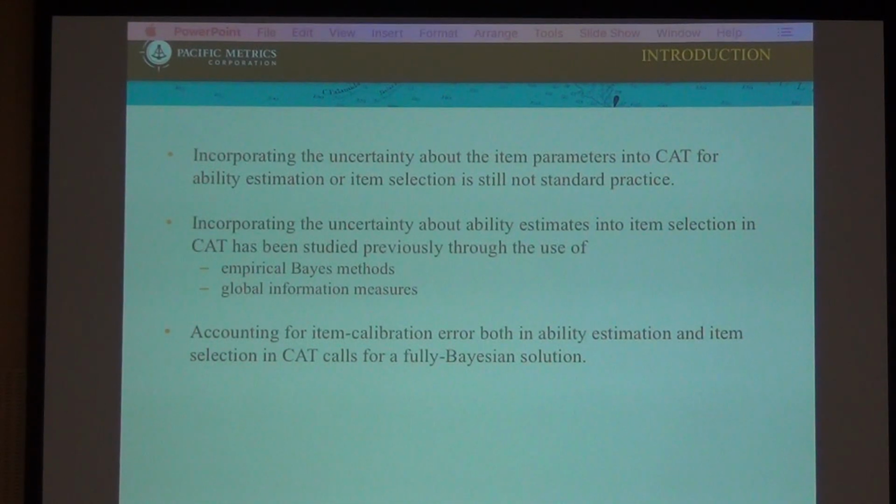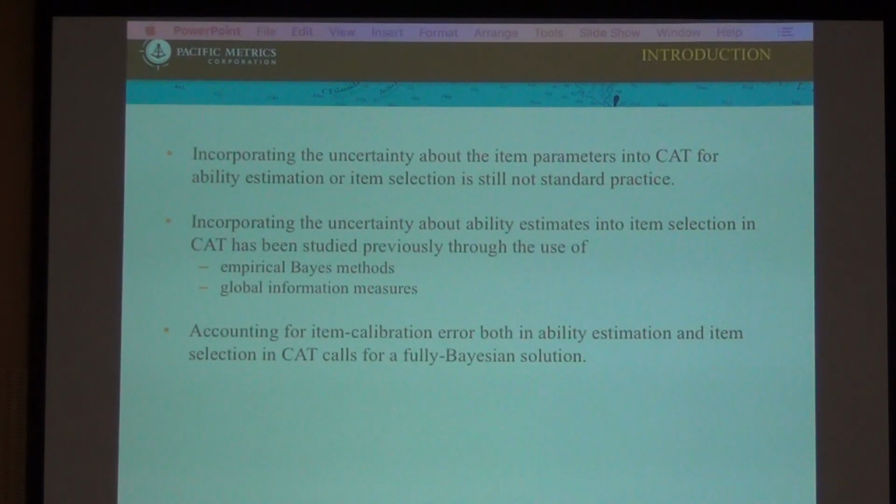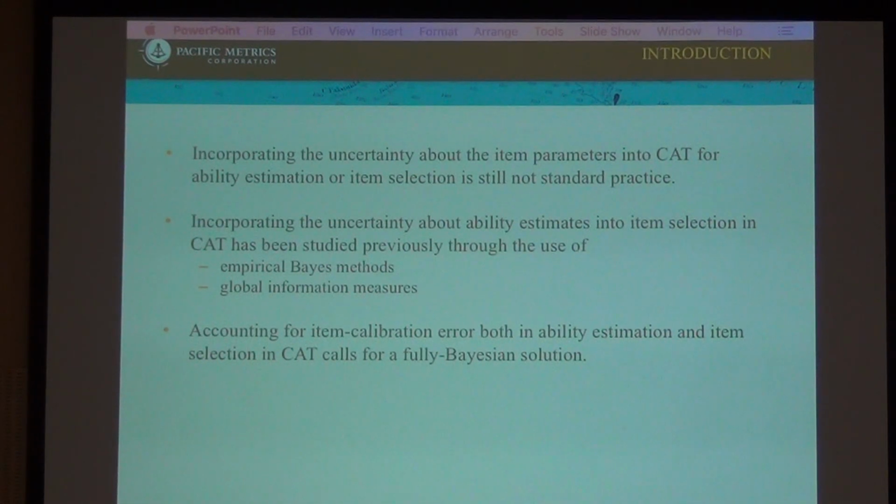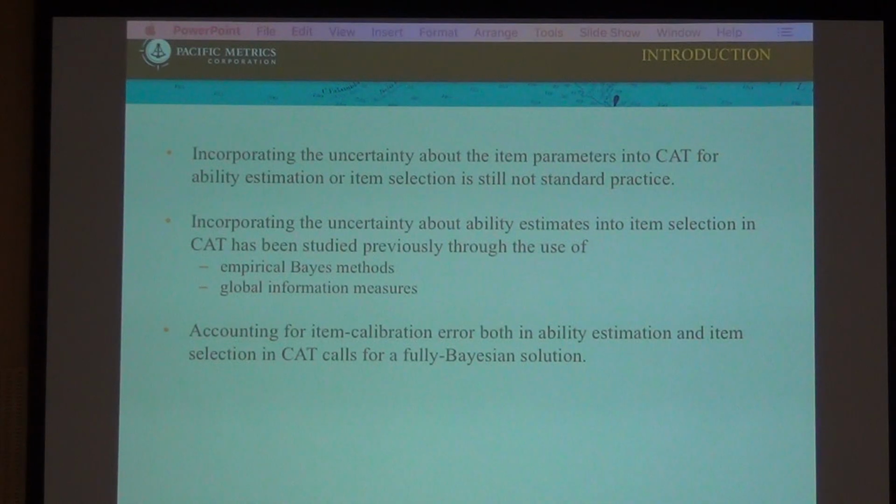For example, using empirical Bayes methods or some other global information measures. However, accounting for item calibration error both in ability estimation and item selection for CAT calls for a fully Bayesian approach.